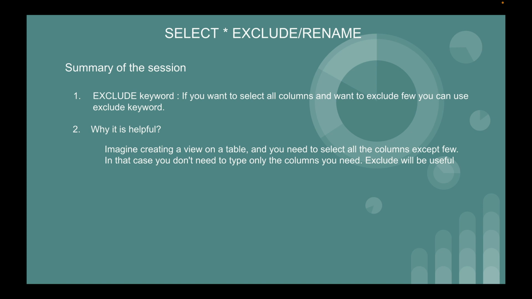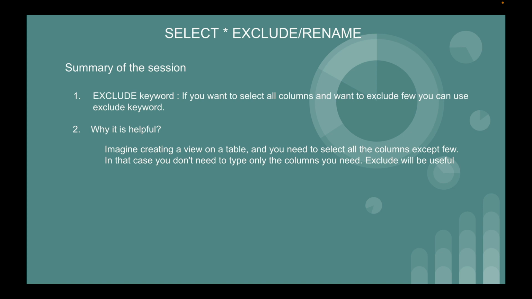Suppose the table is pretty big, it has say 50 columns, but out of the 50 columns you just want to exclude only 2 columns which are pretty sensitive. So instead of typing all those 48 columns, this exclude keyword comes with a lot of power: you can select by default 48 and then exclude those 2 columns.